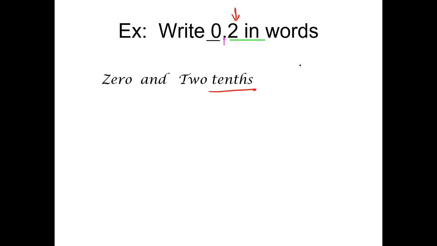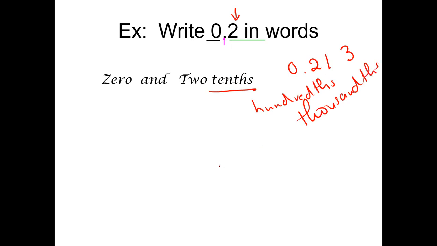When we have 2 digits, for example 0.21, we say hundredth. When we have 3 digits we have to say what? Thousandth. For example, how do we write 0.21? 0 and 21 hundredth. Why hundredth? Because we have 2 digits here.